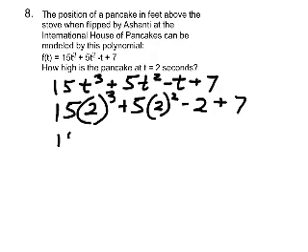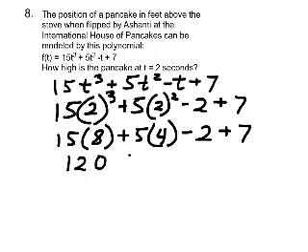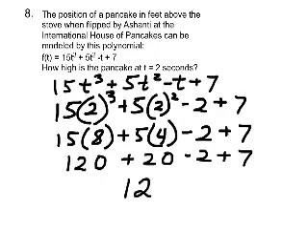So we've got 15, 2 to the 3rd power is 8, 15 times 8, plus 2 to the 2nd power is 4, we've got 5 times 4, minus 2 plus 7. Then we do our multiplication or division, which is, now we have multiplication. 15 times 8 is 120, plus 20, minus 2 plus 7. Okay, so we have 120, 127 minus 2 is 125 feet.